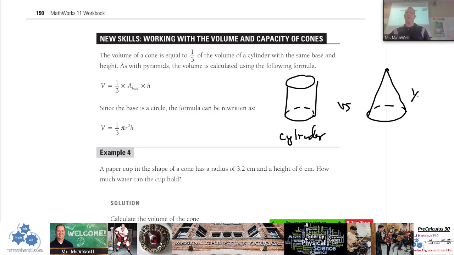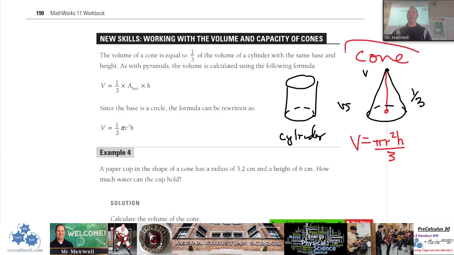So guess what? This is exactly 1/3 of the volume as well as the cylinder with the same size base. So the volume for a cone is the area of the base, that's pi r squared because it's a circle, times h, which is the overall height, divided by 3. Perfect. Okay, and this is for a cone.